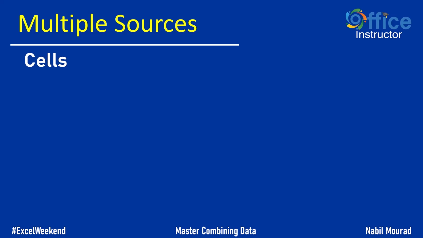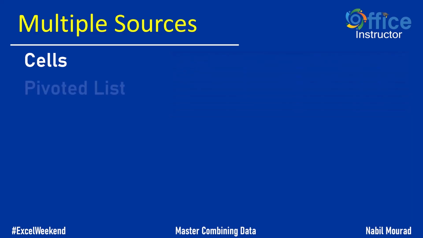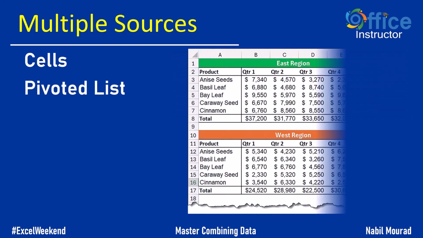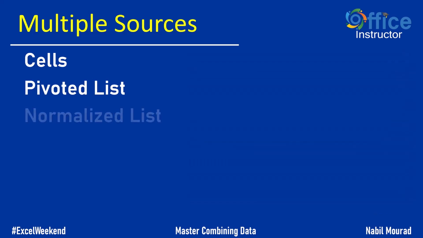At the most basic level, we may combine data in different cells, and we can do that by using a concat function, a text join function, or even flash fill. We can also combine sets of pivoted data, having same column headers and same row headers.